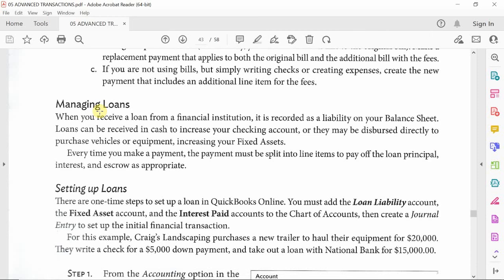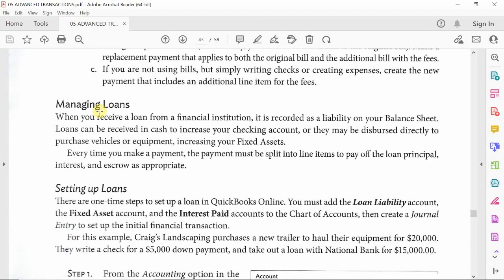Managing loans is going to be a big one because, especially when you're doing business, whether it's a simple loan to help you start up your company, a loan to buy a vehicle for your company, or just a simple personal loan, whatever the reason, you need to remember how to manage your loans.